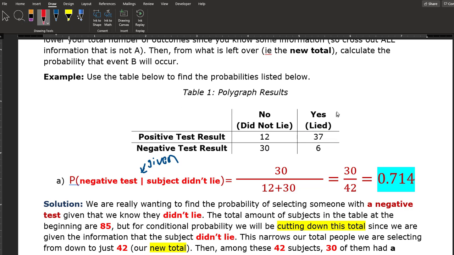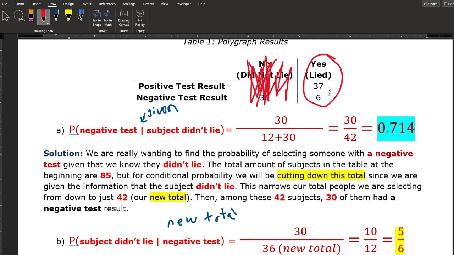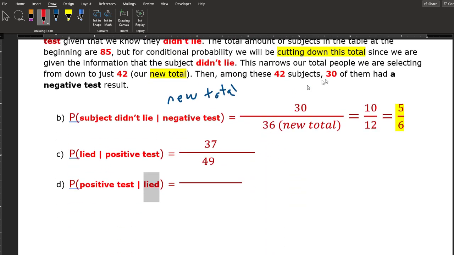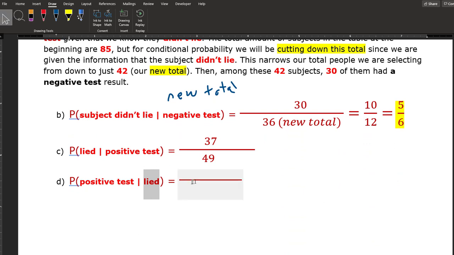If they lied, it's going to be these two right here. So these two right here, 12 and 30, since they told the truth, they're actually gone. Since I'm given that the person lied, this would be my new total right here, 37 and 6. That's going to be 43 total. So I have 43 people who lied.